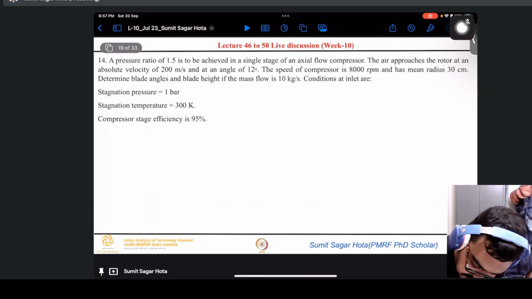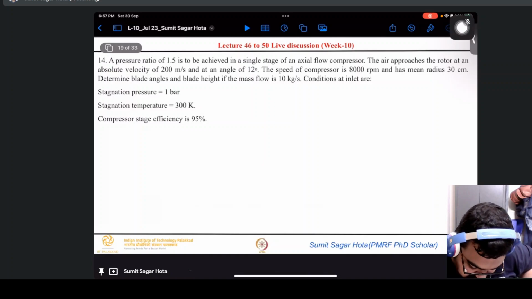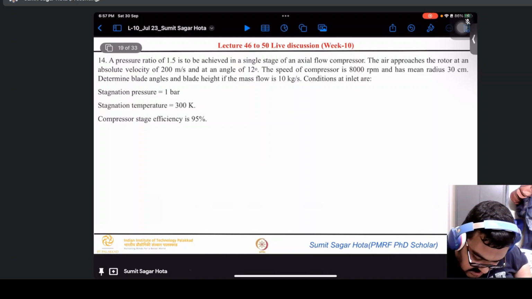The air approaches the rotor at an absolute velocity of 200 meters per second and at an angle of 12 degree. The speed of the compressor is 8000 rpm and has a mean radius of 30 cm. Determine the blade angles and blade height if the mass flow rate is 10 kg per second. Conditions at inlet are stagnation pressure 1 bar, stagnation temperature 300 Kelvin, and compressor stage efficiency is 95%. So this is the question.